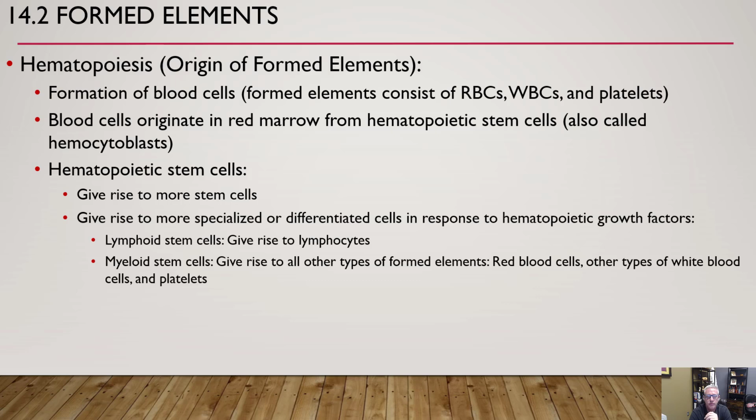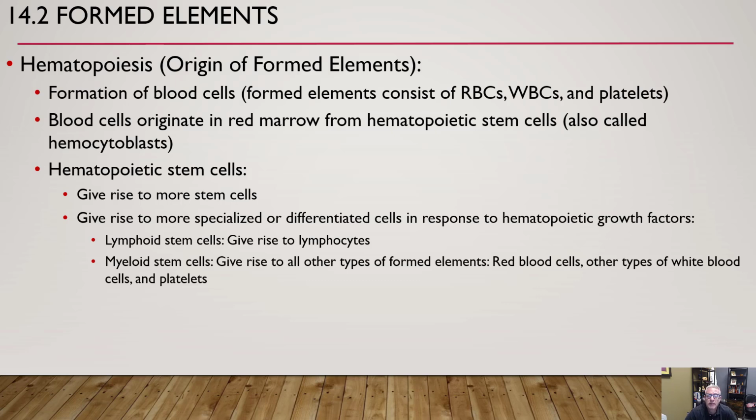cells. And if you remember from, I think, one of the chapters in A&P 1, we talked about the different types of pluripotent, totipotent stem cells. So these are a type of stem cells. And so basically, these hematopoietic stem cells are going to give rise to more specialized or more differentiated stem cells that will allow more growth of these red blood cells, white blood cells, and platelets.